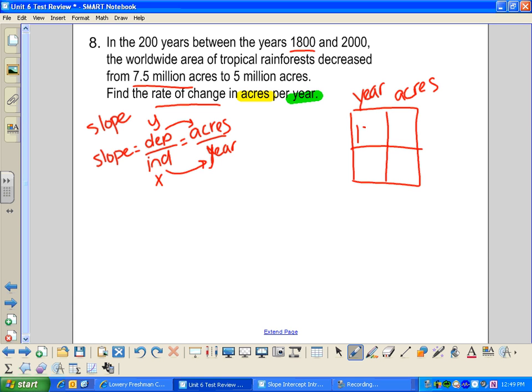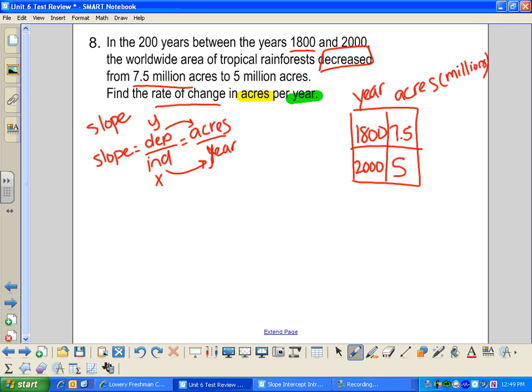In 1800, I had 7.5 million acres. And then in 2000, I had only 5 million acres because it decreased. There's some contraction going on here.